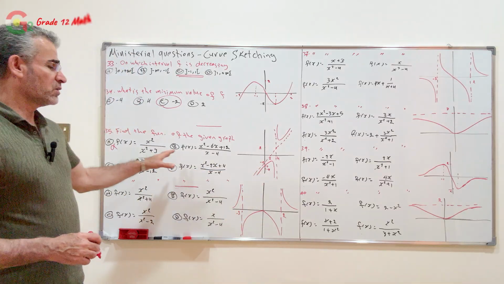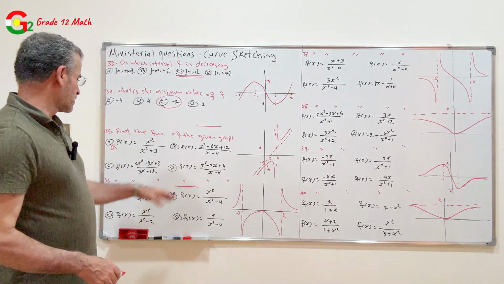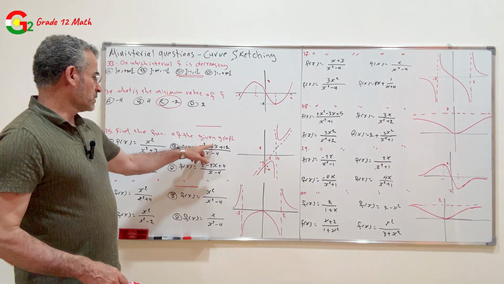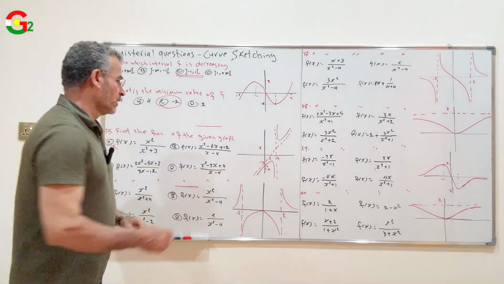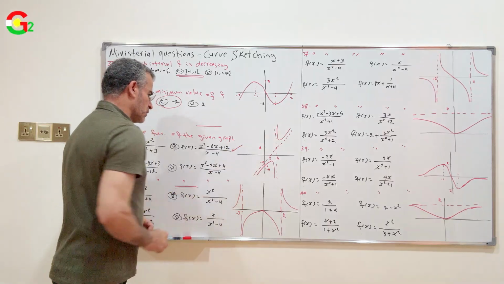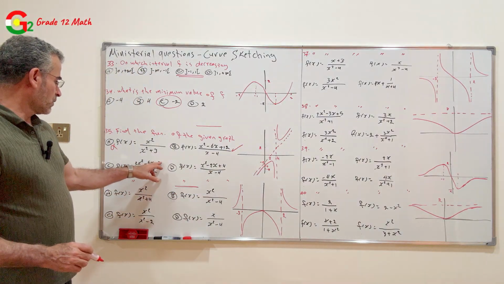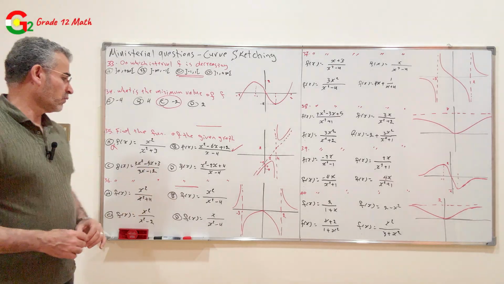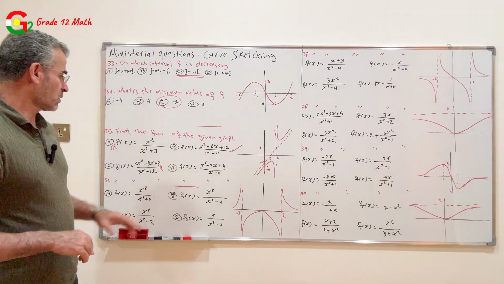Therefore, when we substitute x equals 0, y should be negative 3. Let us check these three functions. When x equals 0, the function will be 12 over negative 4, negative 3. It is true. When x is 0, 0 minus 0, 0 plus 3 over negative 12, it is negative 1/4. It is not negative 3. This choice is wrong.